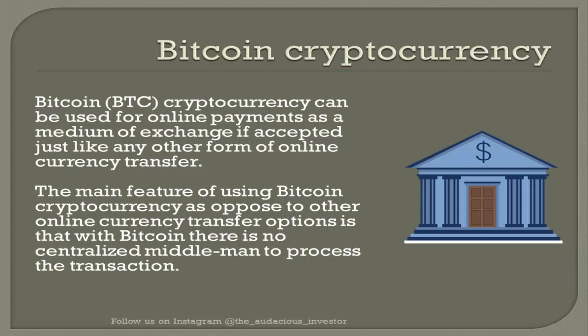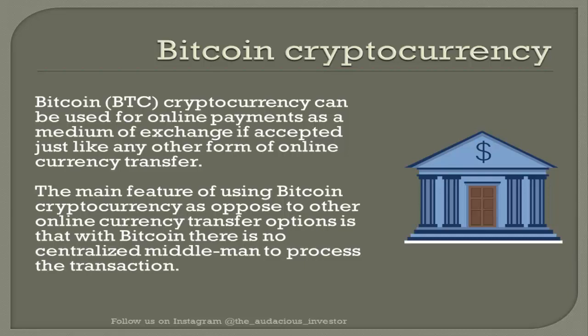So if you're making an online payment using Bitcoin to a merchant, there's usually no middleman in between to process or facilitate that transaction. It's all done on the Bitcoin blockchain because Bitcoin is 2 things: a currency and a system that facilitates the use of that currency in a peer-to-peer fashion.